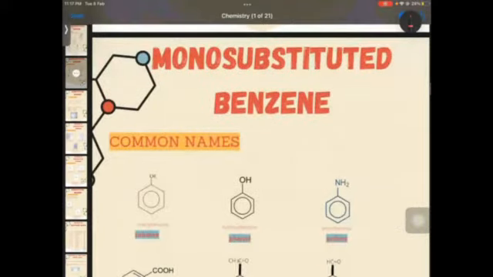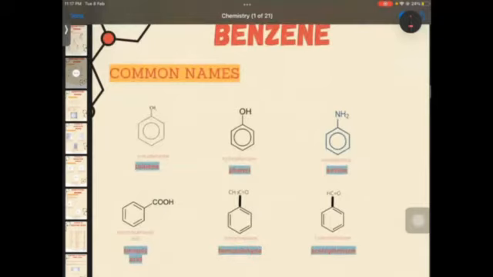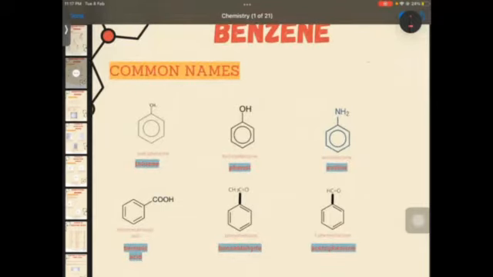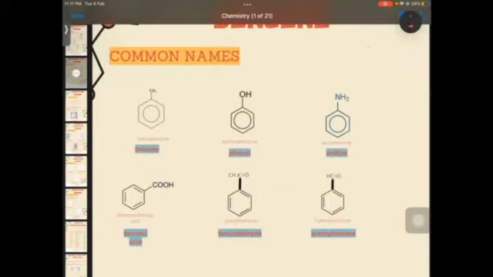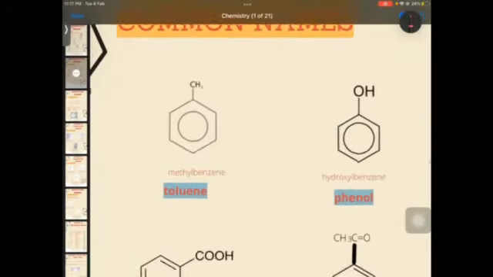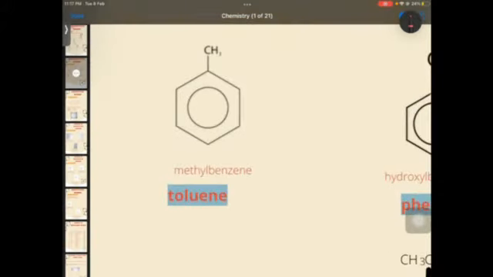Monosubstituted benzene. So these are the 6 special names that you should remember. The first example is when a CH3 attached in carbon number 1 with the benzene ring, the common name will be methylbenzene. But the special name can be toluene.